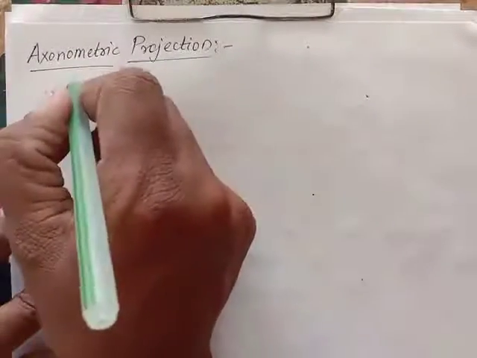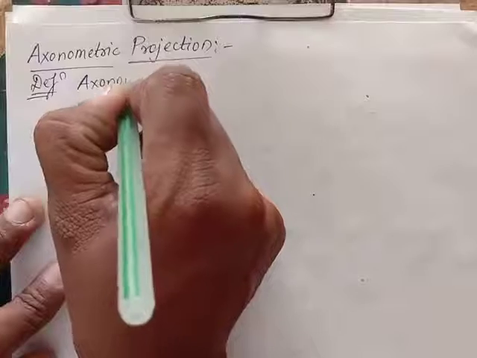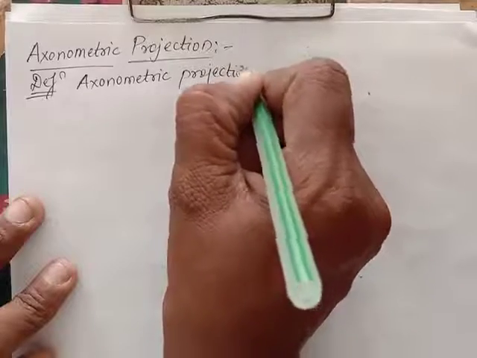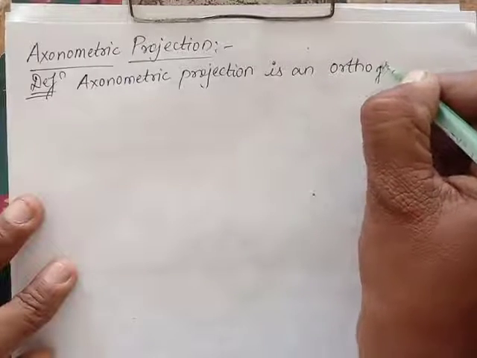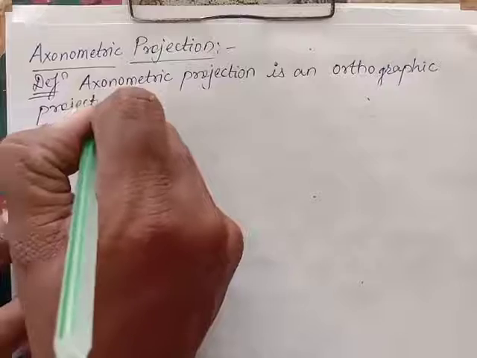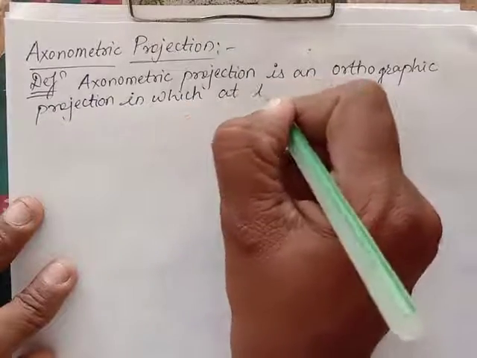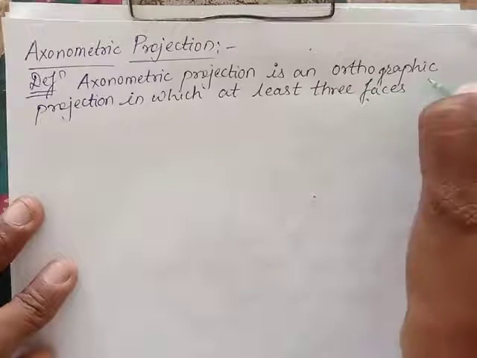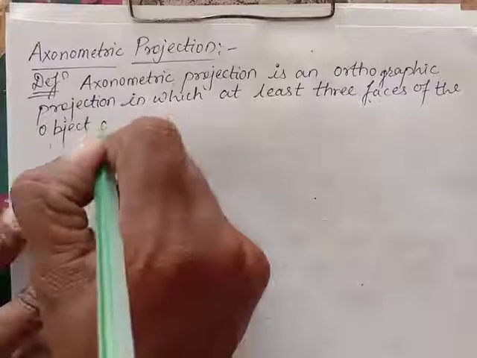Now, what is its definition? Axonometric projection is an orthographic projection in which at least three faces of the object are visible.